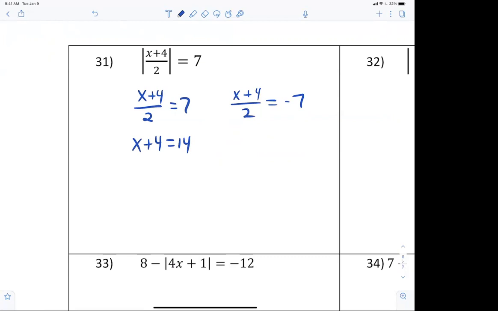So how do I finish solving this? So x plus 4 equals, right? And then x equals negative 18.